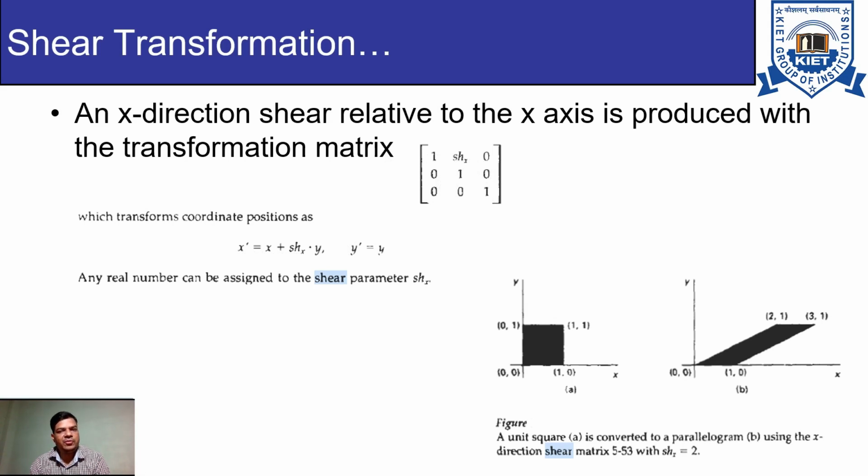So whenever you perform an x direction shear, there is a change in the value of x but the y value remains the same. Here you can see that we have one square and we perform the shear along the x-axis with the value of 2, and the square becomes a parallelogram. So the shape of the square has been distorted.